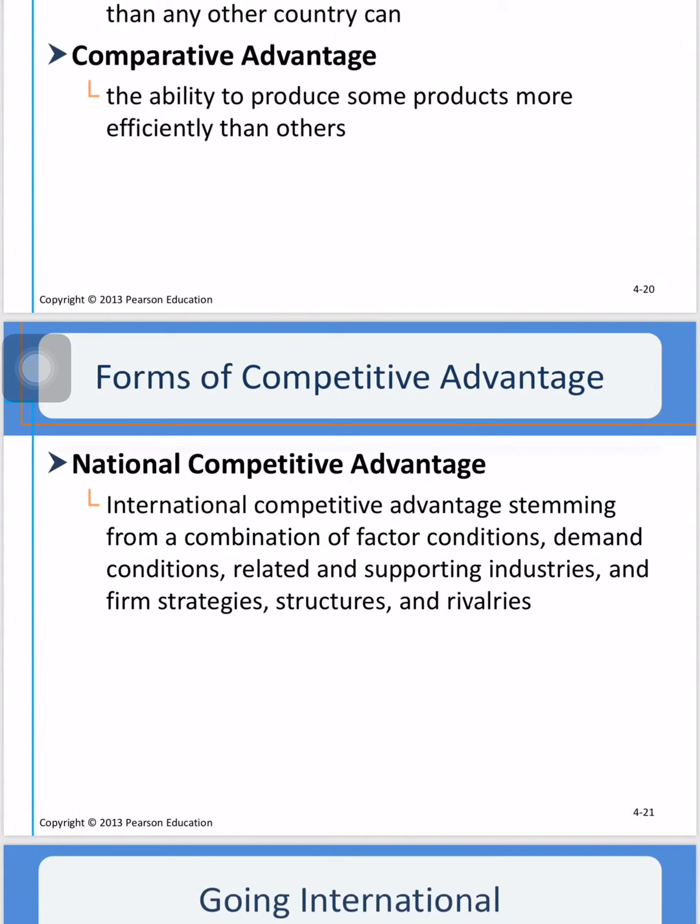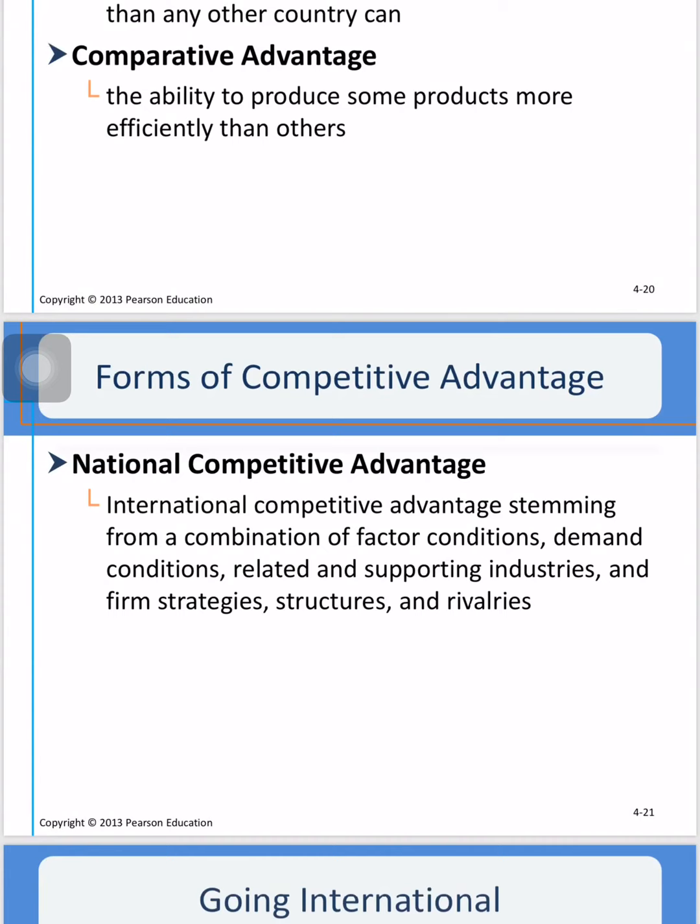First, factor conditions are the factors of production we discussed in chapter 1, like labor, capital, entrepreneurs, physical resources, and information resources.